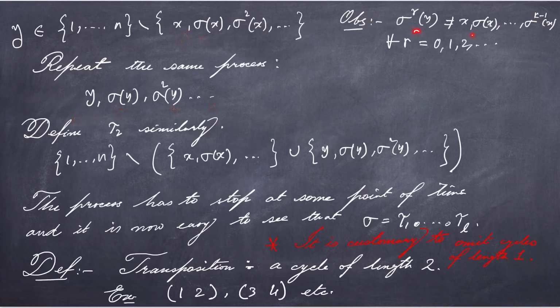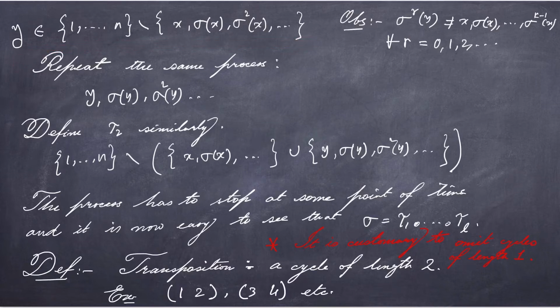That's an easy observation. If some sigma to the power r y equals sigma to the power, let's say this, then that implies y is some power of sigma applied to x, say sigma to the power k prime x, which contradicts the choice of y.